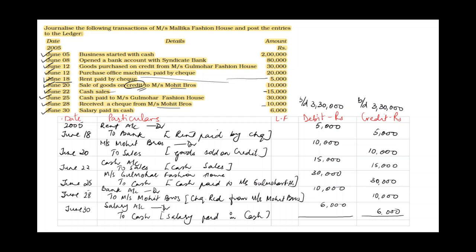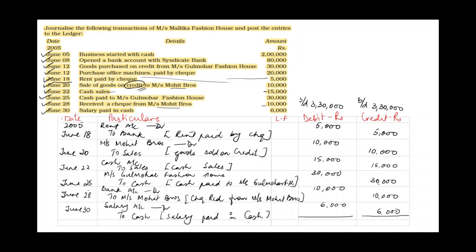Okay. Now let me total these two. It should tally. All my entries are finished. So let me check. I'll use calculator. First I had 330,000 plus 15,000 plus 30, 40, 45, 10, 55 plus 6,000.